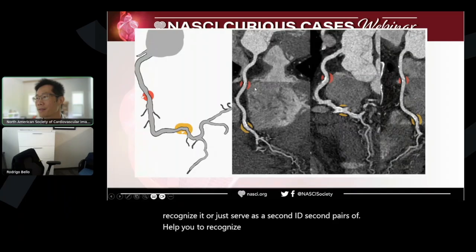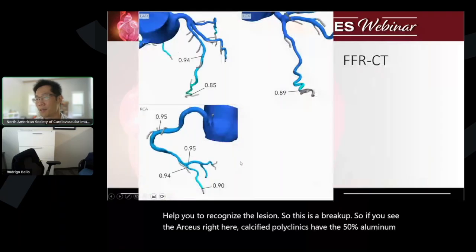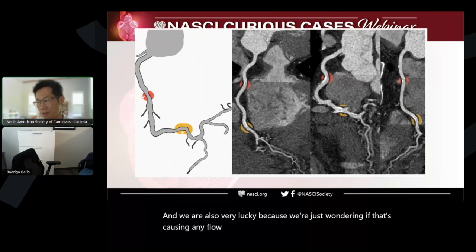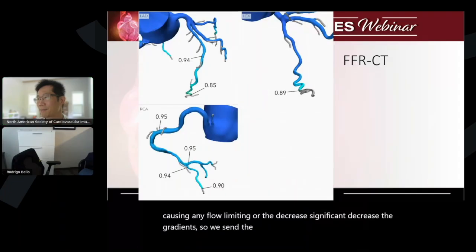So this is a breakout. You see the RCA right here, calcified plaques with the 50% luminal narrowing. And we're also very lucky because we're just wondering if that's causing any flow limitation or significant decrease of gradient, so we send it for FFRCT. So turns out, what do you think?